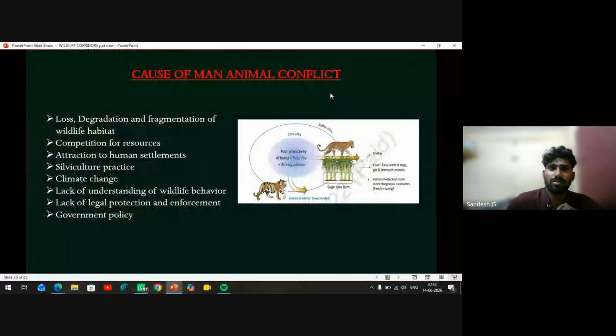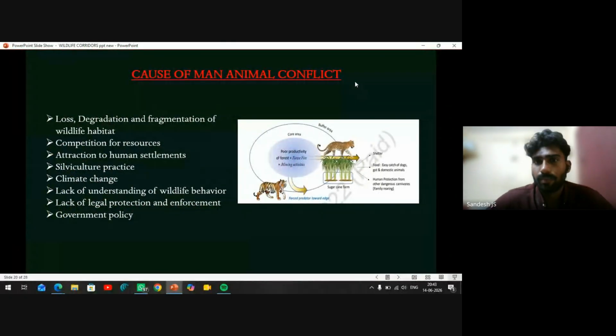What are the causes of human-animal conflict? The loss, degradation, and fragmentation of wildlife habitat. Because of habitat fragmentation, animals move into human settlements for resources, food, etc. Competition for resources: because of limited resources, these species compete, and the population may move out and settle in human settlements.